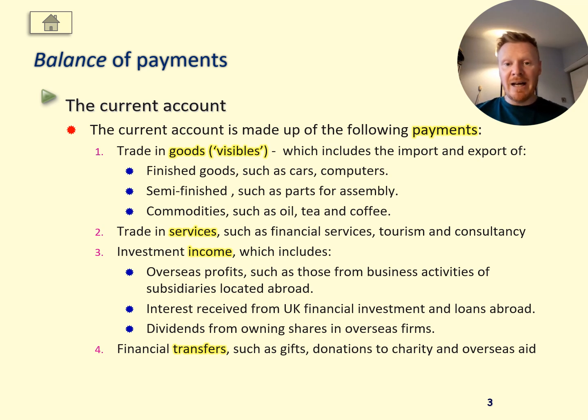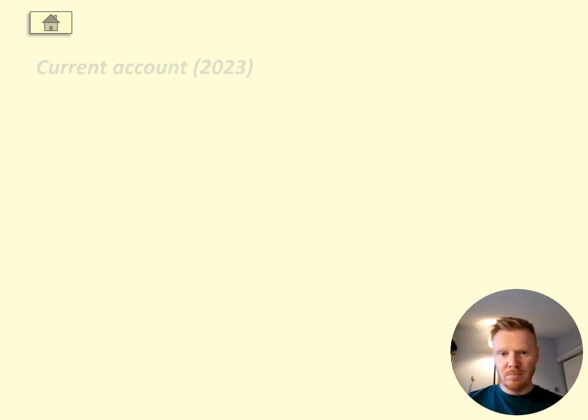And finally, we have financial transfers. So this could be gifts, remittances of people working in the UK and sending money back home, charitable donations across borders, overseas aid, military aid. Anytime we're transferring money and not expecting anything in return.